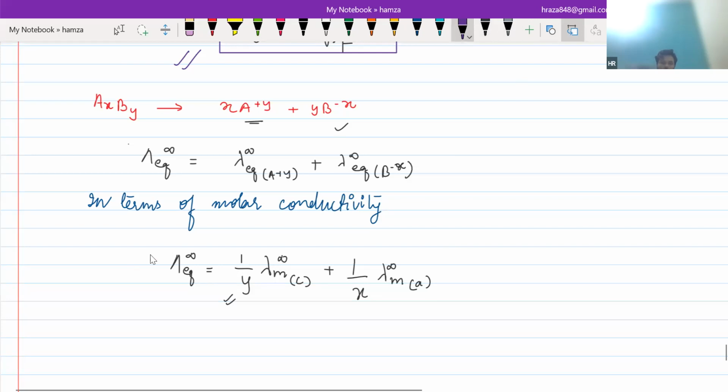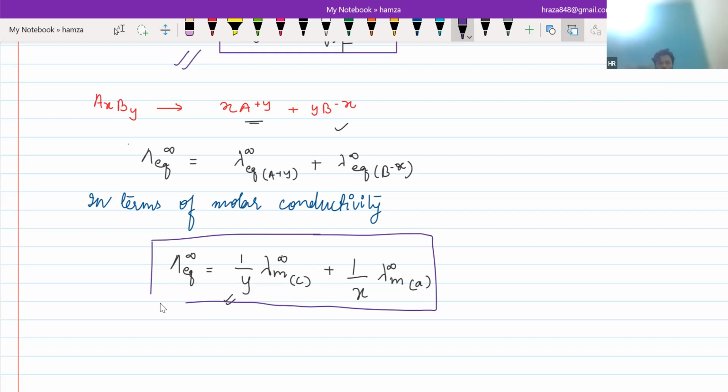So here how we are going to introduce molar conductivity in equivalent conductivity.